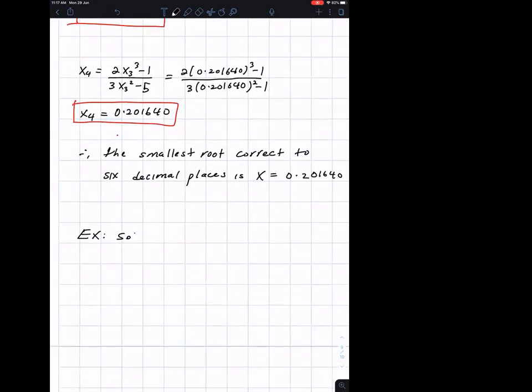Solve x log base 10 x, given the initial value x naught is 10.